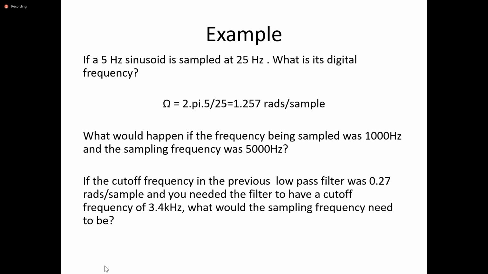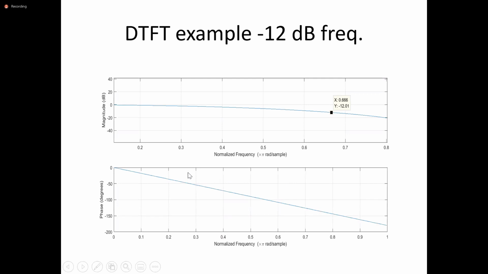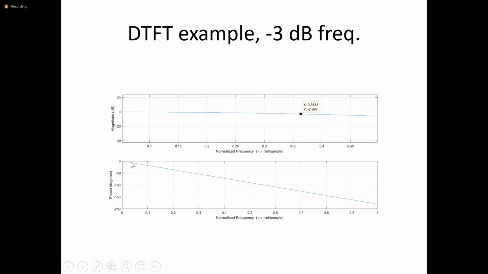So I'll just go back. Remember, we said our cutoff frequency was going to be 0.27 radians per sample. Going back up here, we saw that it would be somewhere about here: 0.25, 0.26, 0.27.